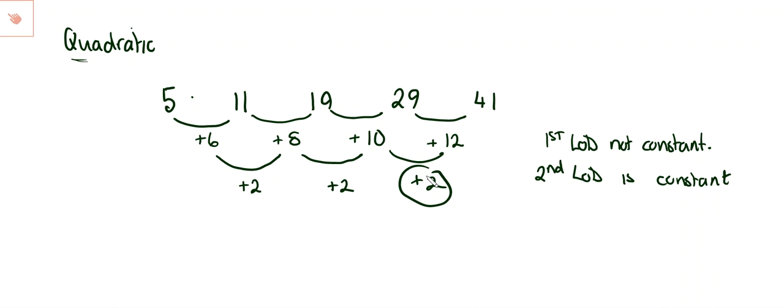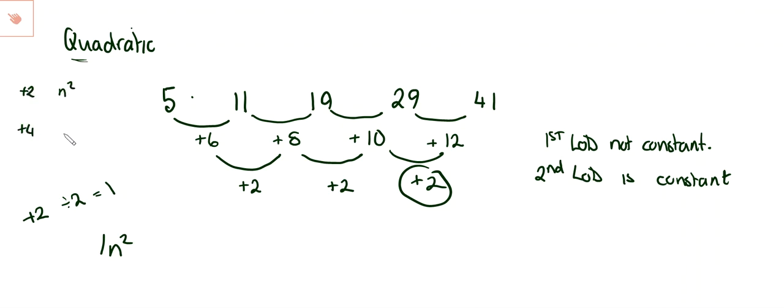Close. Plus 2 means that we divide that by 2 to get 1, so we have 1n squared. We know it's an n squared because its second line of difference is quadratic. Do you remember that table we made? If it was plus 2, it's 1n squared.